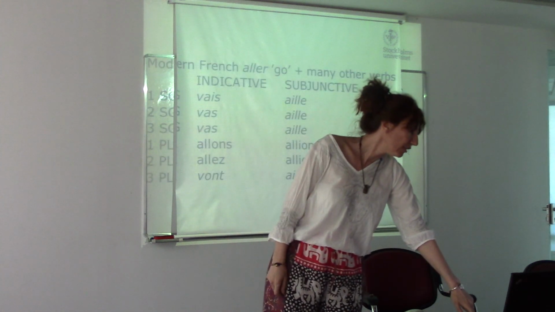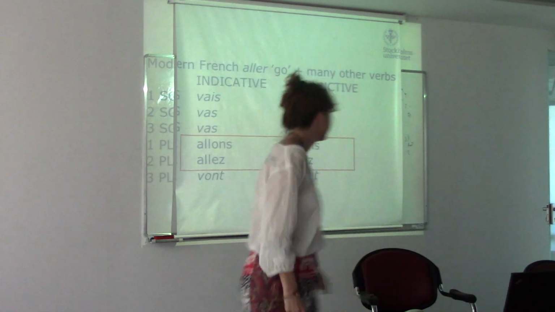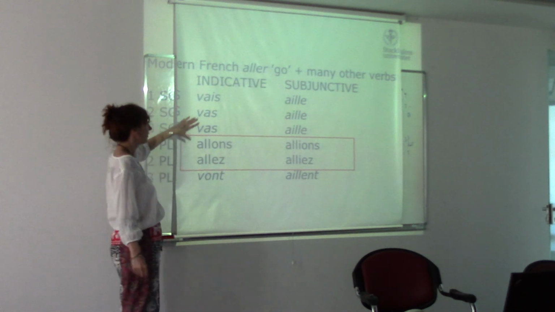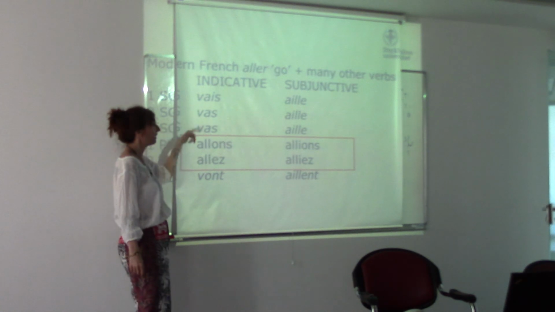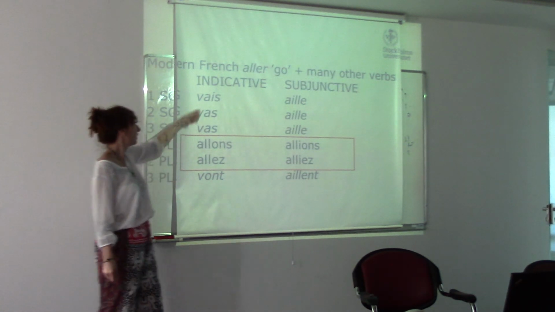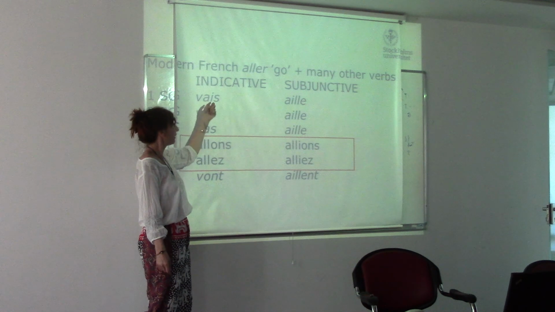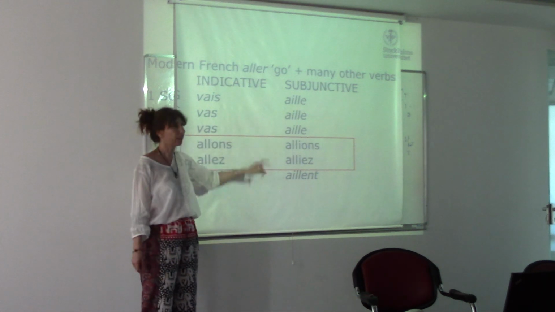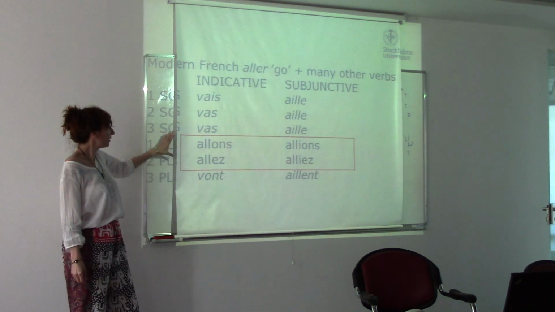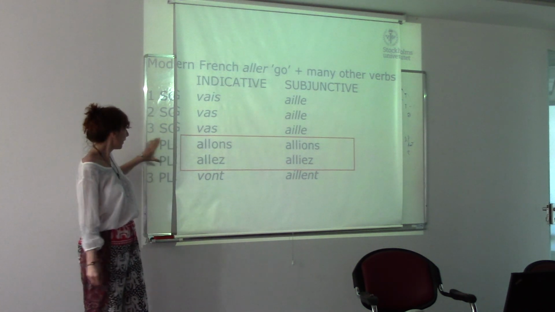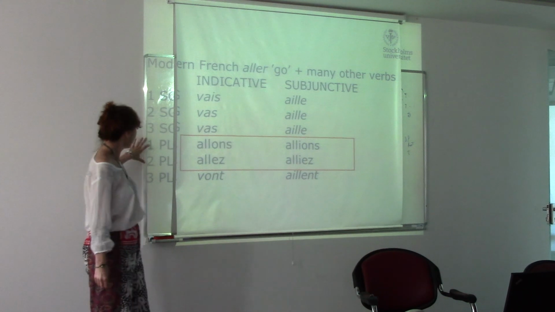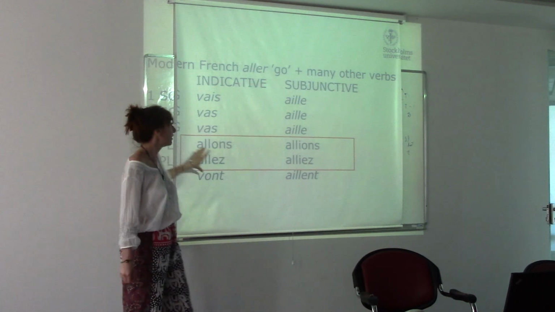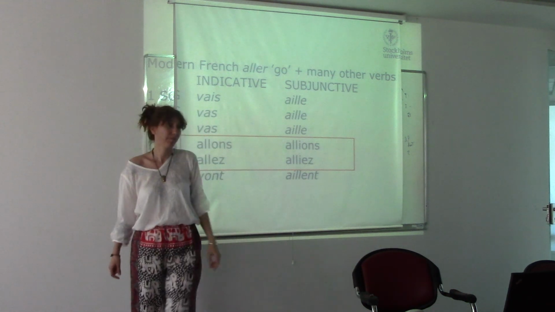What we see in modern French is that we have three stems again in the paradigm of go. There is the v, and then the i, and then the al. There is one stem consistent in the first plural and the second plural, and it goes through the indicative and the subjunctive.